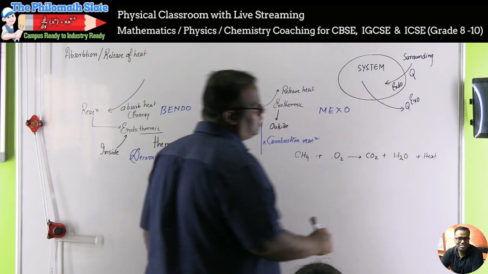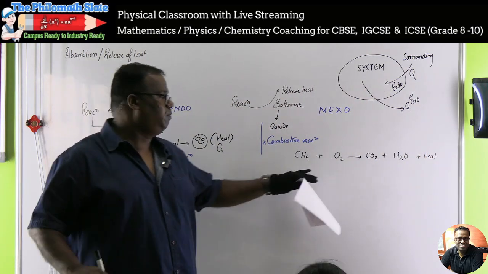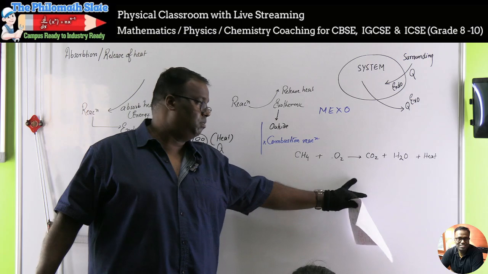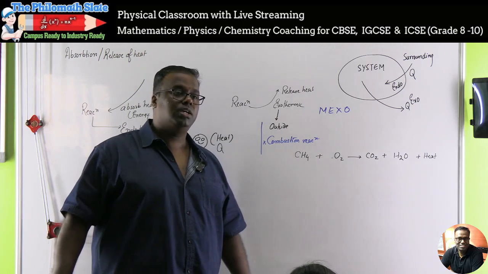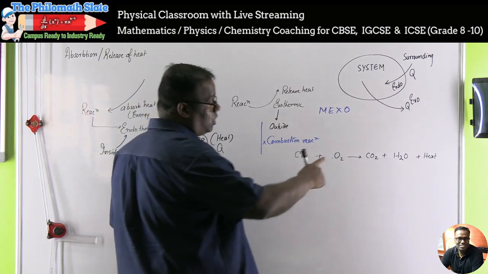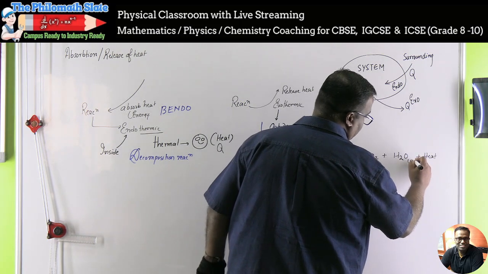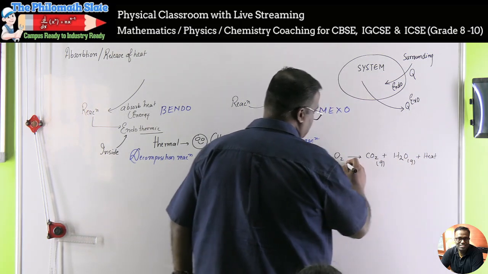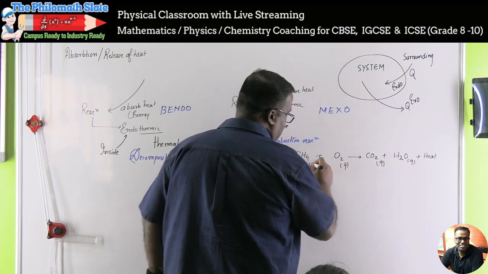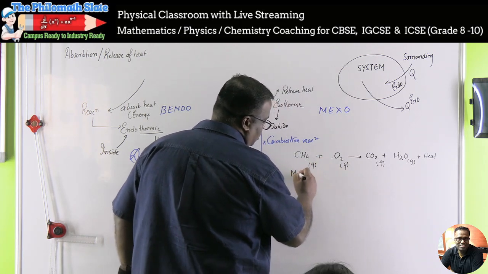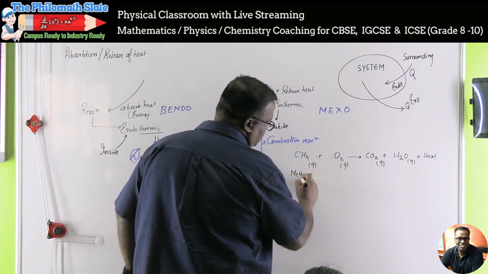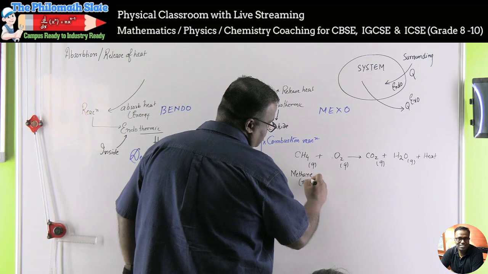When you go to the chapter of carbon and its compounds, all fuels will have the same reaction. They will burn in oxygen to give you carbon dioxide and water vapor. This is water vapor. This is known as methane. What is methane? The major constituent of natural gas.